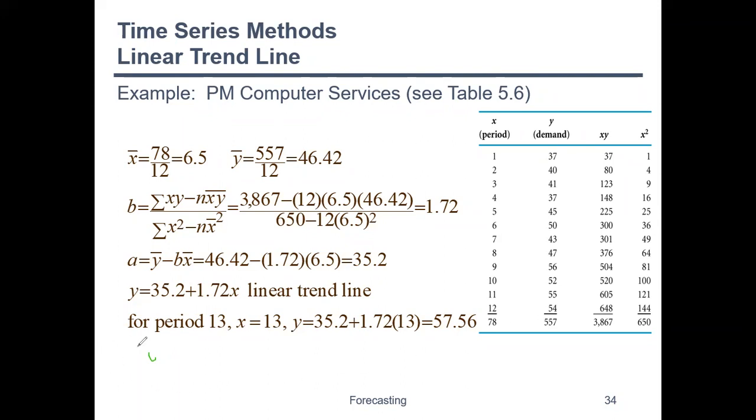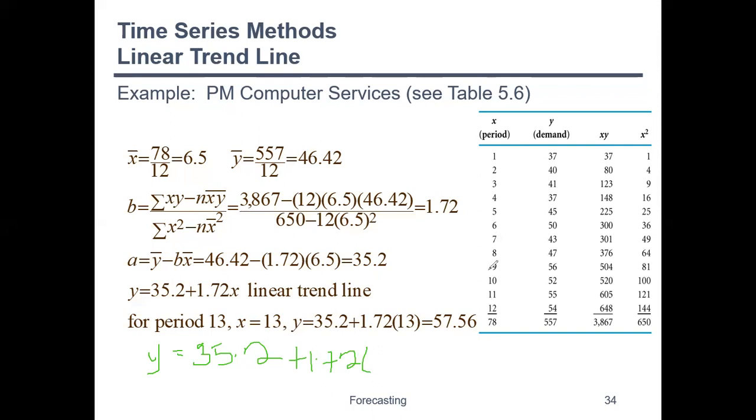So what happens is that our y is equal to 35.2 plus 1.72 into bracket. Remember we said we want to find for period 13. And period 13 would have been an x. Can you see it's under the x? The periods are represented as x.